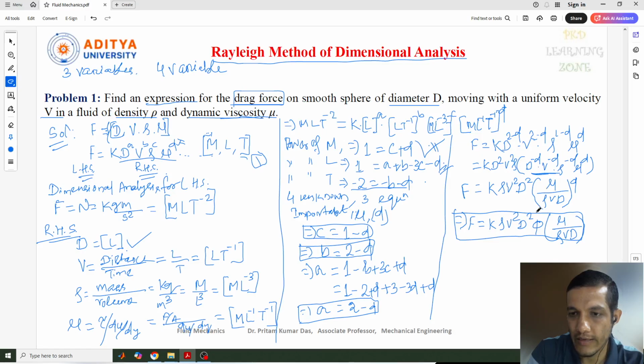Both are correct. The value of K will be given, because this is a constant of proportionality, a non-dimensional factor, and sometimes we can consider K as 1.